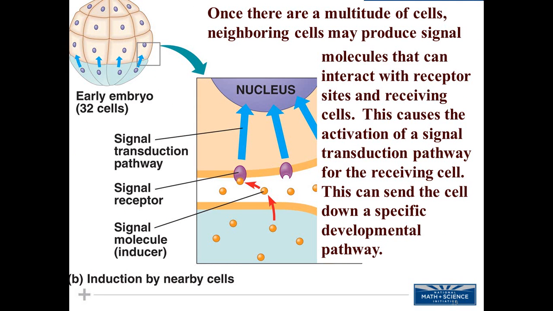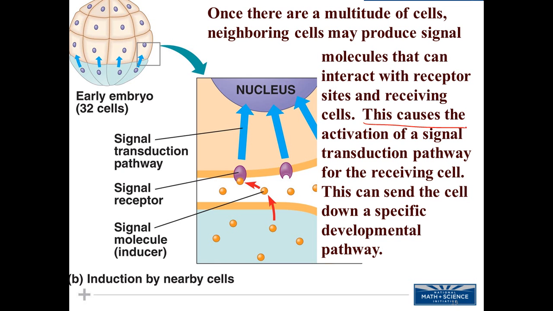Now let's look at this idea here. Once there is a multitude of cells, the neighboring cells themselves may produce signal molecules that can interact with a receptor site. And once that interaction takes place, it can have an effect on the development of that cell.